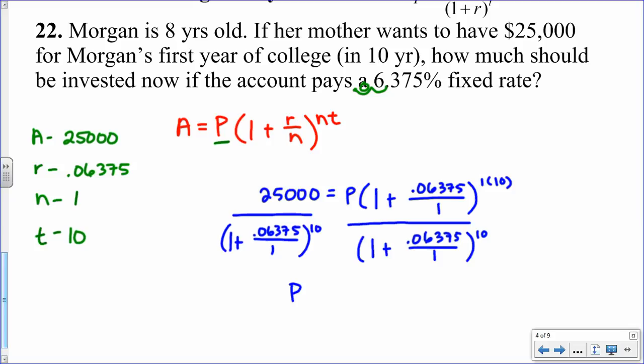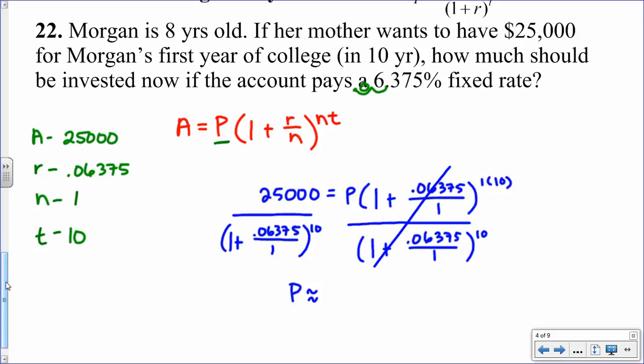Okay, so P. So I'm going to do 25,000 divided by parentheses 1 plus 0.06375 divided by 1. Again, divided by 1, you don't really need to write that, but you can.